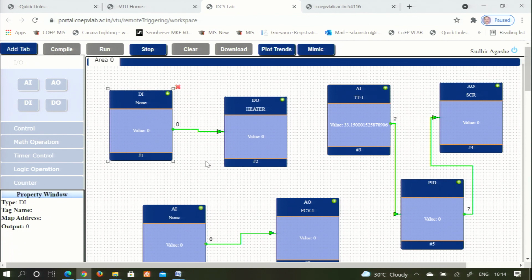If anything is wrong in the logic, it will tell you that sorry, this boiler cannot run. If everything is all right, it will give you a message that the compilation is successful, then you can run it, you can download, and then this logic is available to you in run mode.